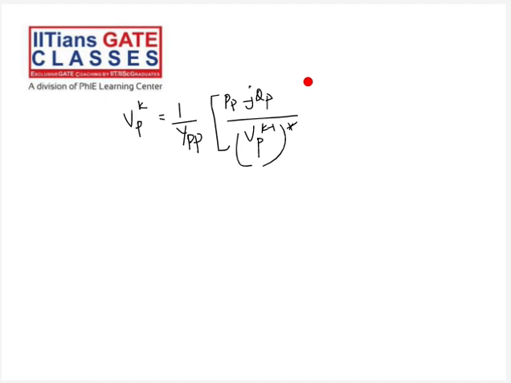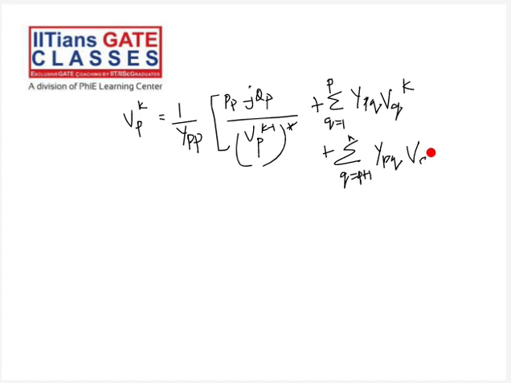Minus the sum over Q equal to 1 to P minus 1 of YPQ VQ K, minus the sum over Q equal to P plus 1 to N of YPQ VQ K minus 1, right?